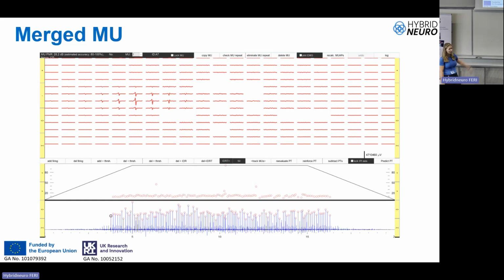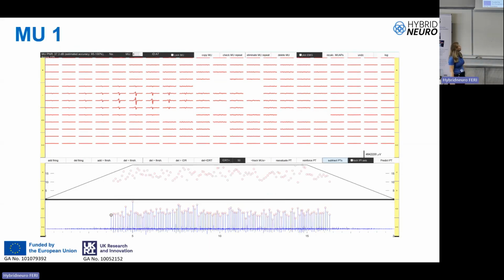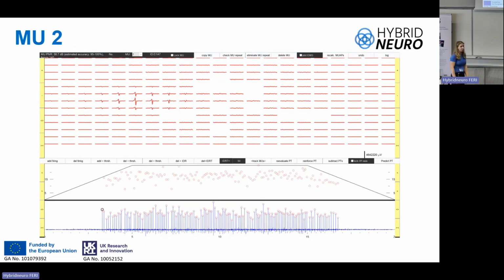We need to resolve that issue by splitting them into two separate motor units. Let me just acknowledge that there can be more than two motor units merged into just one. I think in that example we only have two. And we resolve this into motor unit 1 and motor unit 2.